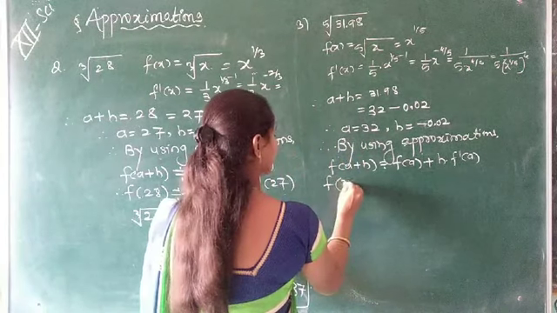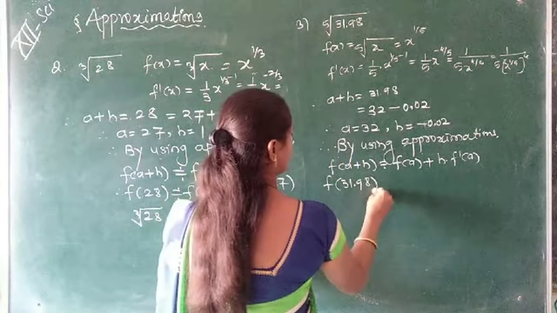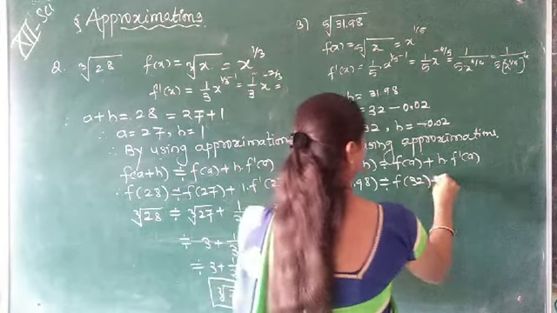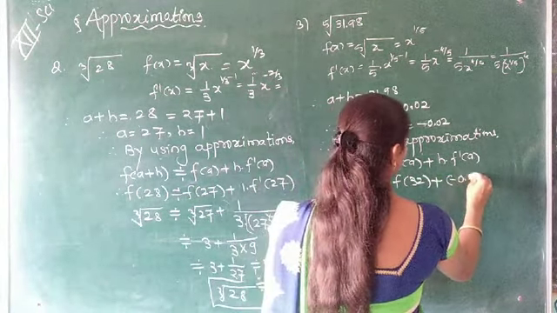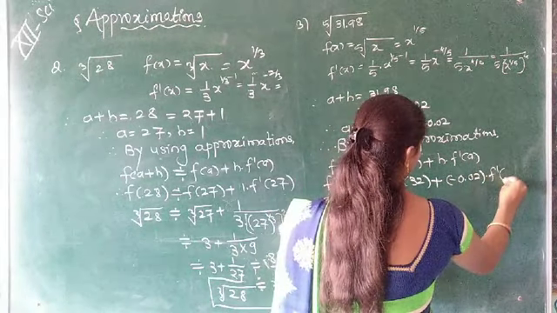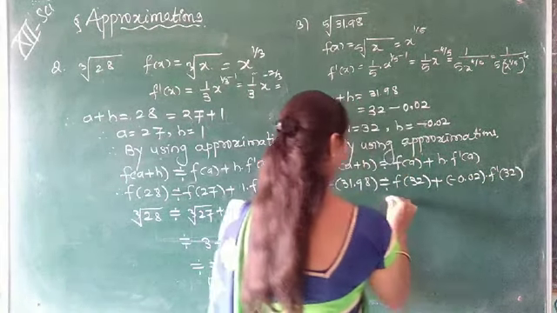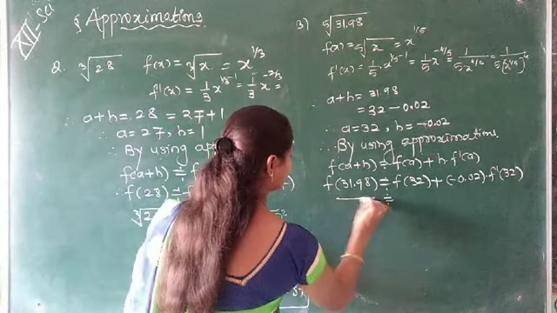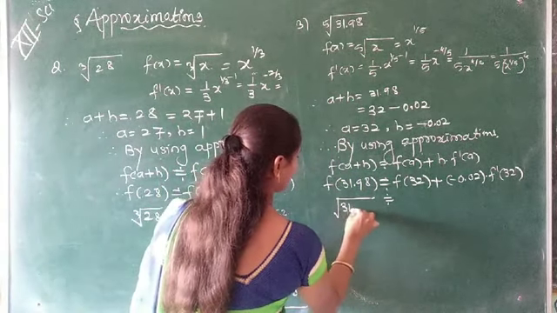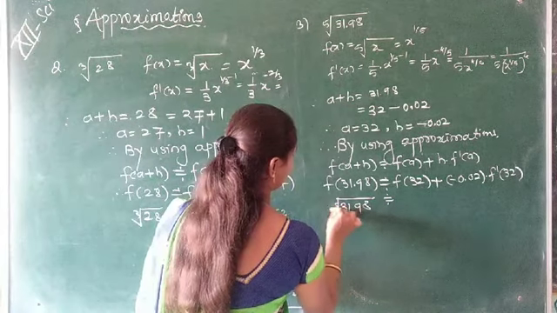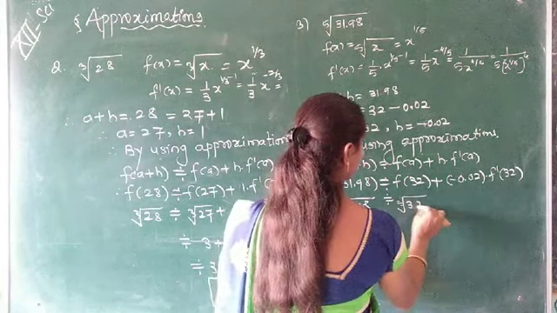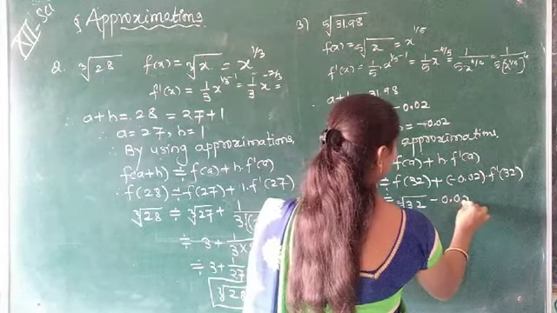What is a plus h? 31.98 is approximately f of a value is 32 plus value of h is minus 0.02 into f dash of 32. How to define f of x? That is fifth root of x, hence the 31.98 and its fifth root. F of 32 is fifth root of 32 minus 0.02 as it is.